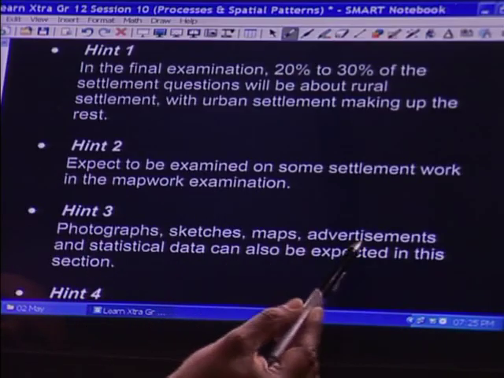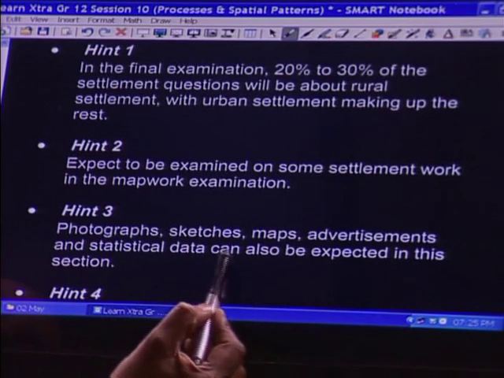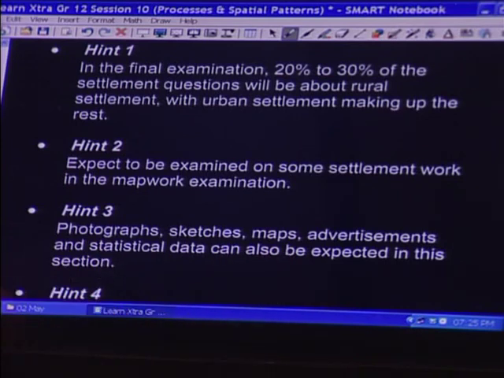Looking at hint 3. Photographs, sketches, maps, advertisements, and statistical data can also be expected in this section. What is encouraged is very topical information based on happenings in our country. Settlement geography tries to integrate your knowledge of the South African landscape and use that knowledge in the theoretical basis that is provided in your grade 12 curriculum.